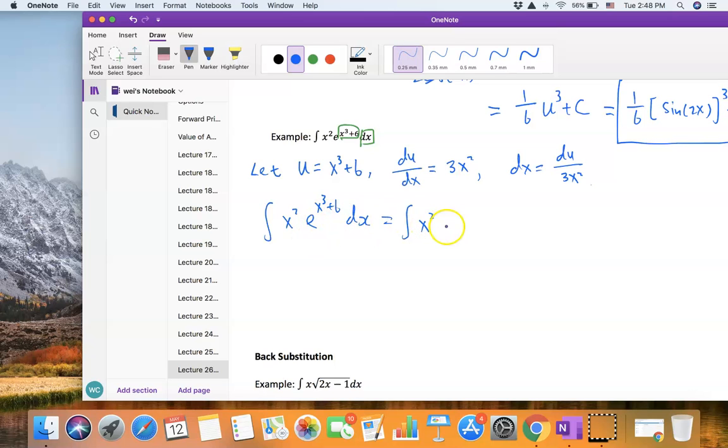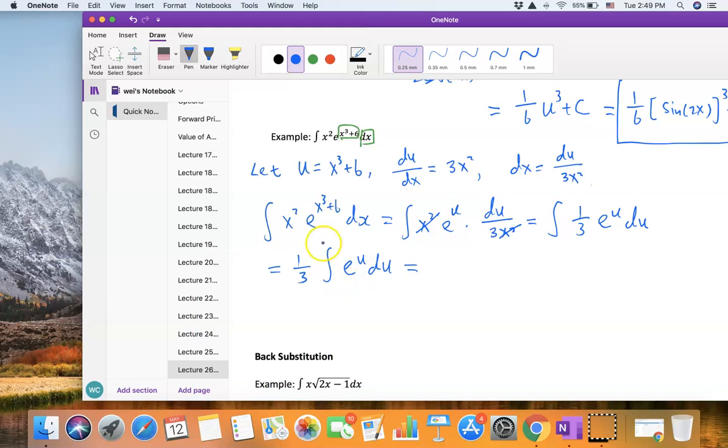The integral becomes x squared times e to the u times du over 3x squared, and these x squared are cancelled out. So the integral becomes 1/3 times the integral of e to the u du, if we pull out the 1/3. Now we said the antiderivative of the function e to the u is itself.